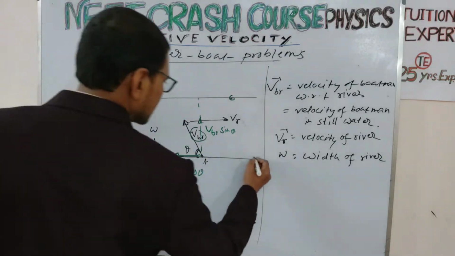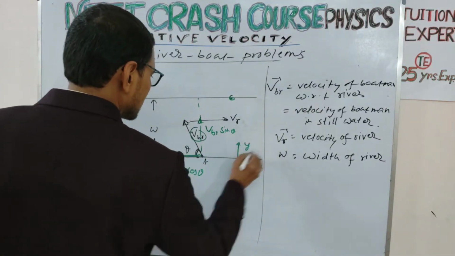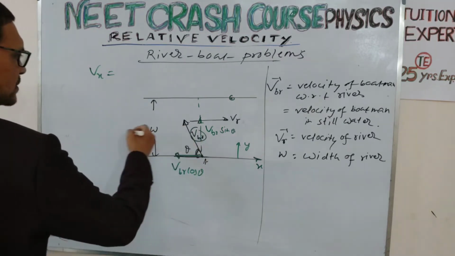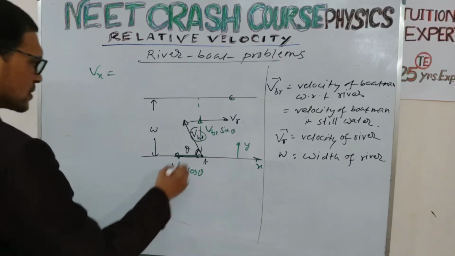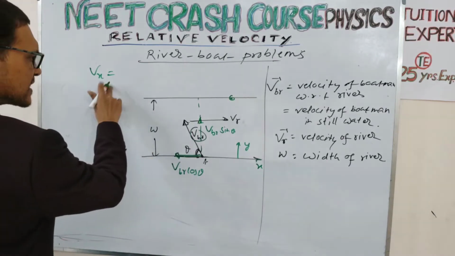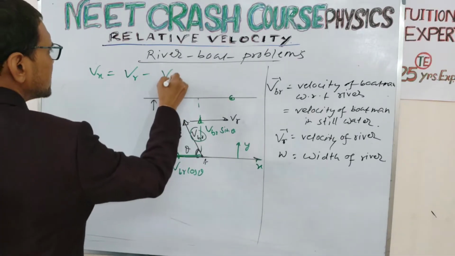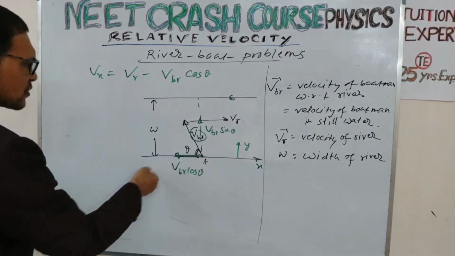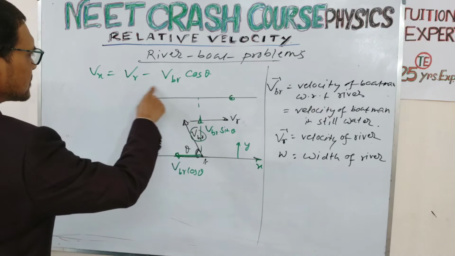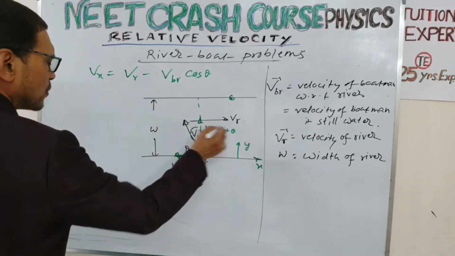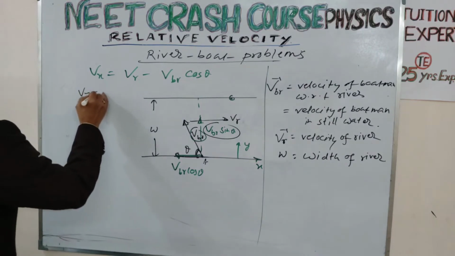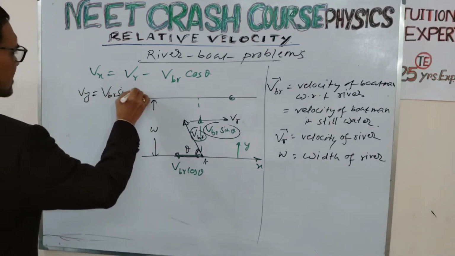If we take this as X and this as Y, then the resultant velocity along the X direction is equal to VR minus VBR cos theta. So this is VR, this is VBR cos theta. Along the Y axis, only one velocity is present, so the velocity along the Y axis is VBR sin theta.